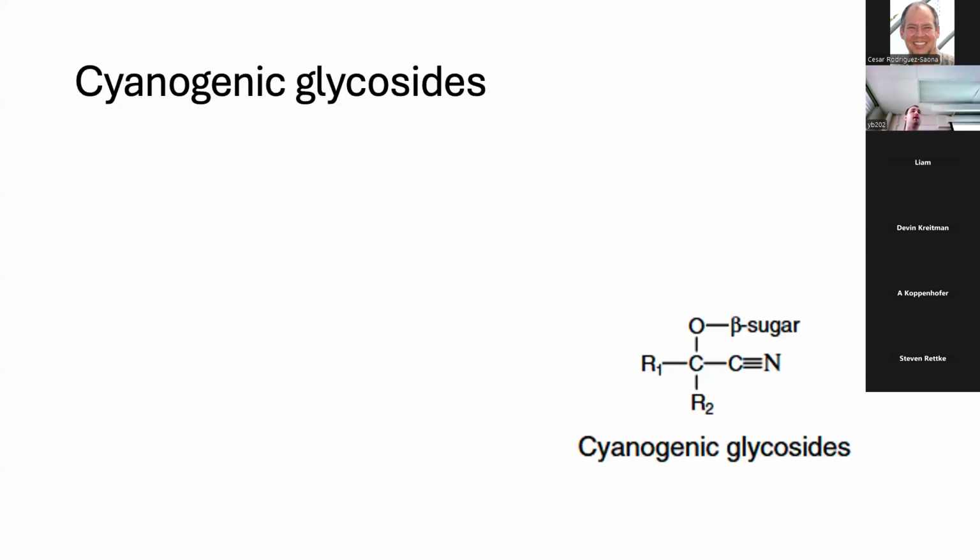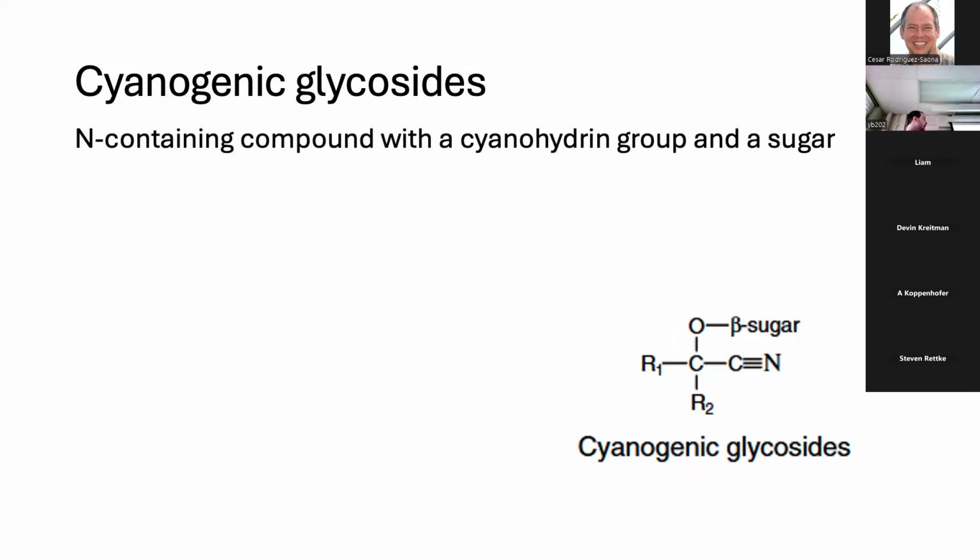Our next group of nitrogen-containing compounds are cyanogenic glycosides. So when we say glycoside, it means that it comes with a sugar molecule. You'll see glycosides a little more later. And these are nitrogen-containing compounds that contain a cyanohydrin group, which is this here, carbon triple bonded to nitrogen, with a hydroxy group that is taken by a sugar.